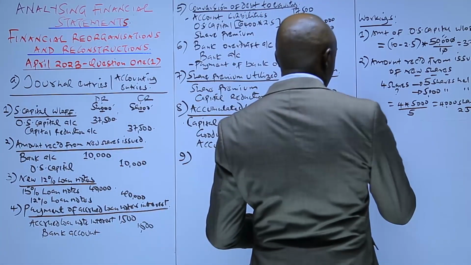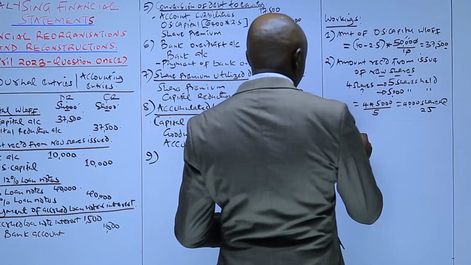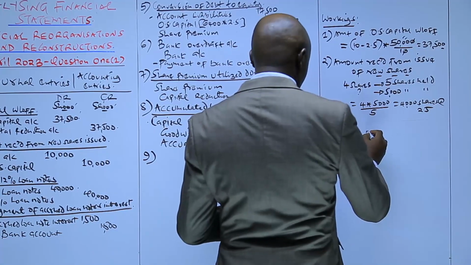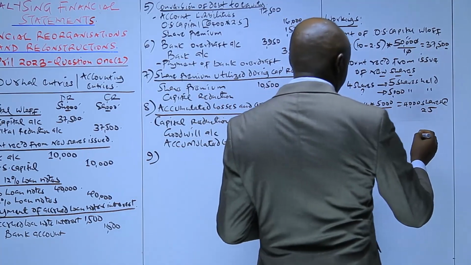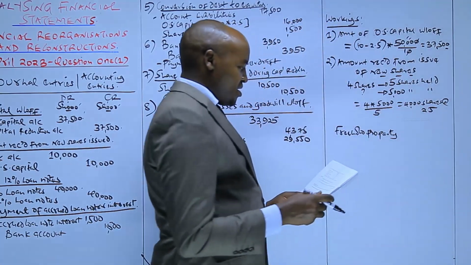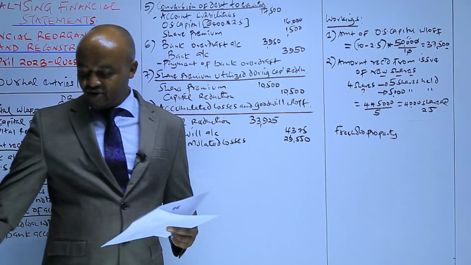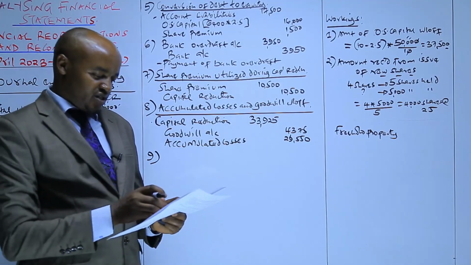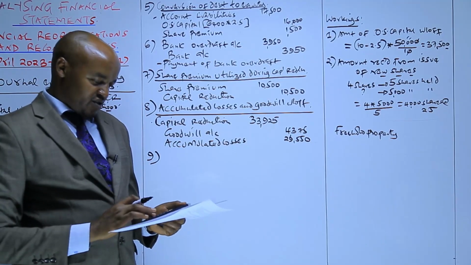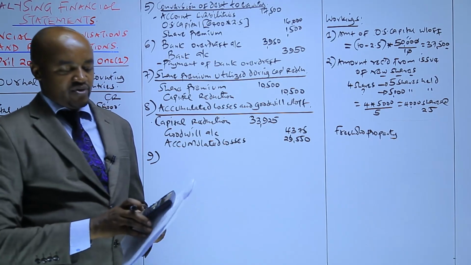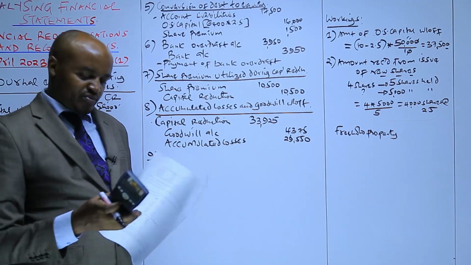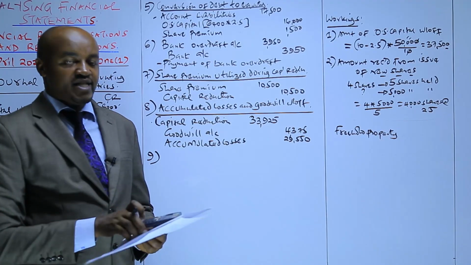So let's start with the first asset here, which is a freehold property. A freehold property, as per note number 7, it was revalued to a value of 49,050, and then we need to compare that with the carrying amount in the statement of financial position, which is a figure of 48,550.